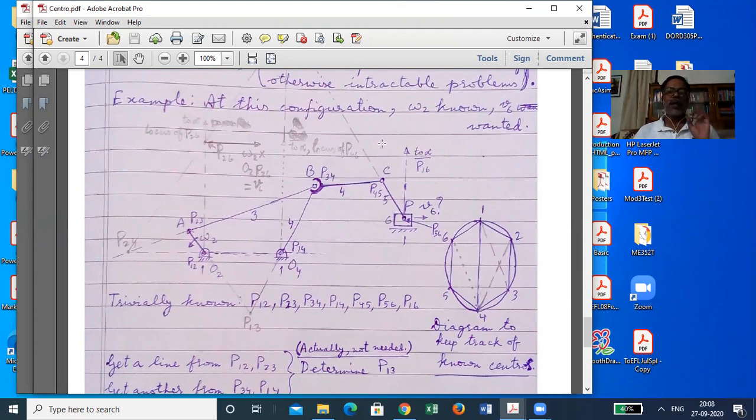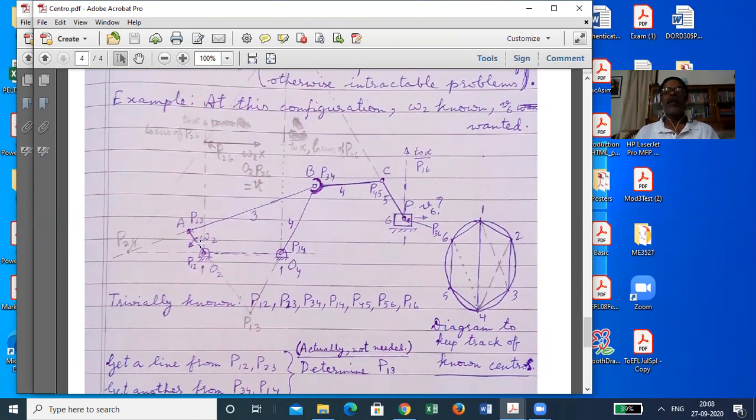So your intention would be to find the centro between link 2 and link 6. That is, you will want to locate P26, and then P26, as a point on link 6 and as a point on link 2, will move with the same velocity, right? Because that is the centro between the two links.